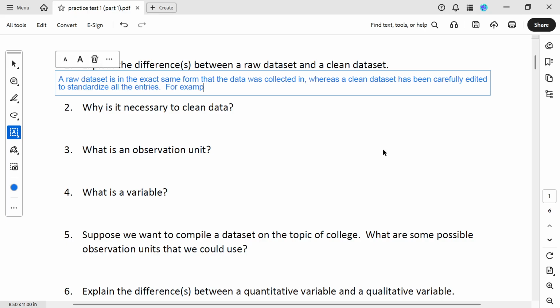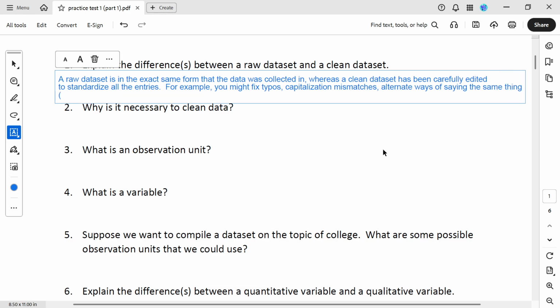For example, you might fix typos, capitalization mismatches, alternate names for the same thing, ways of saying the same thing, like, I don't know, one versus one spelled out, stuff like that.